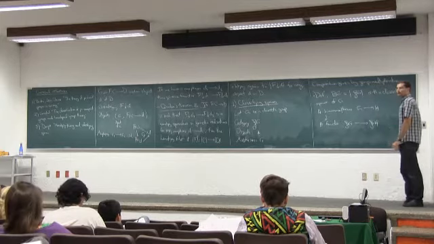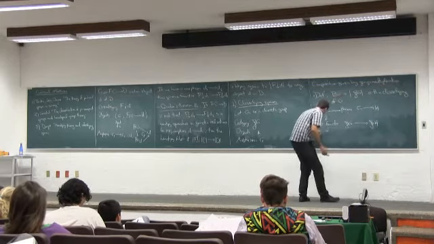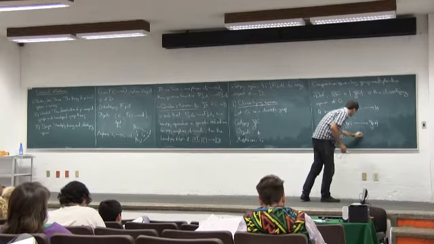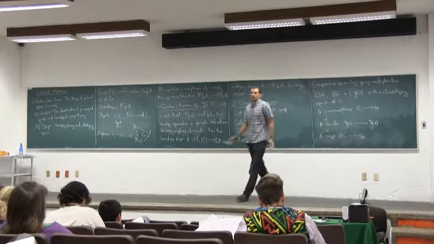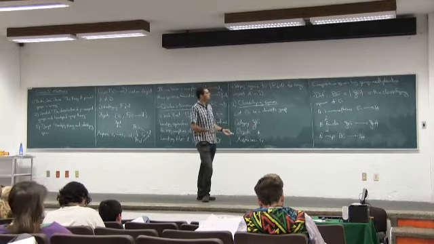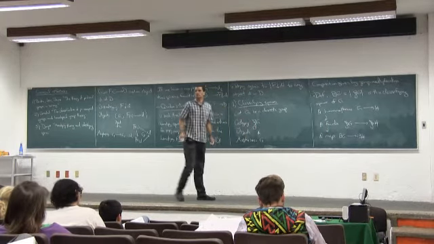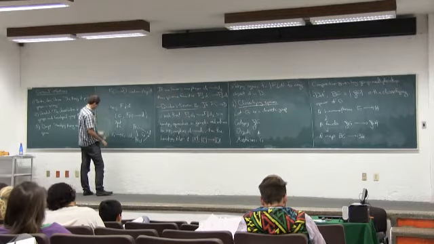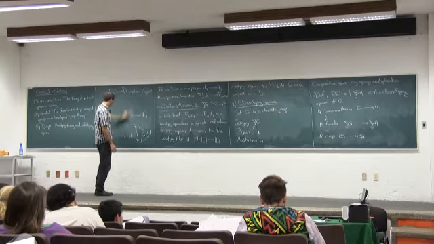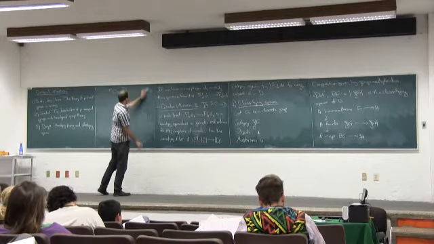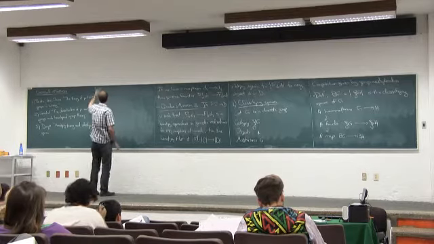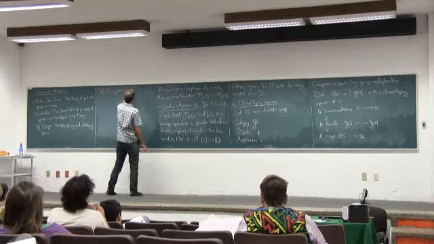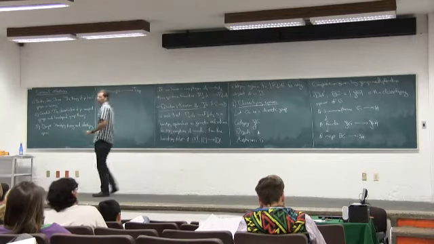And when I take geometric realization, it gives me a continuous map from BG to BH. So what I have constructed here is a functor from groups to topological spaces. So B, we can look at it as a functor from groups to topological spaces.